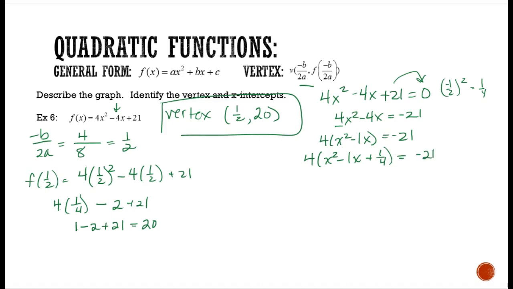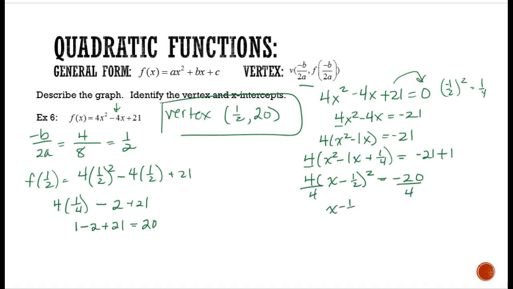So the -21 is still over here, but what I need to do over here on the right to balance is 1/4 times this 4 out here, which really is just a 1. So now I have 4 times x minus 1/2 squared equals -20. Right, so I'm going to divide through by 4.